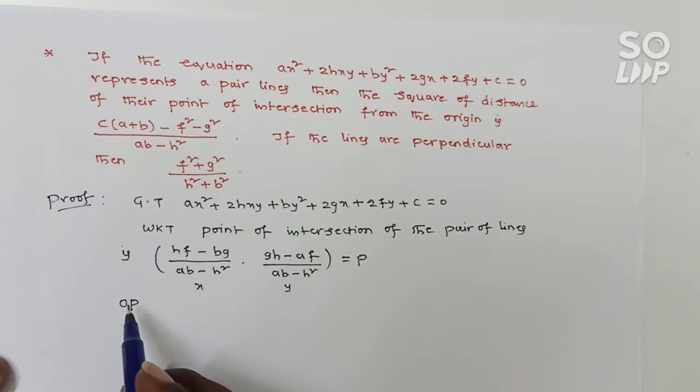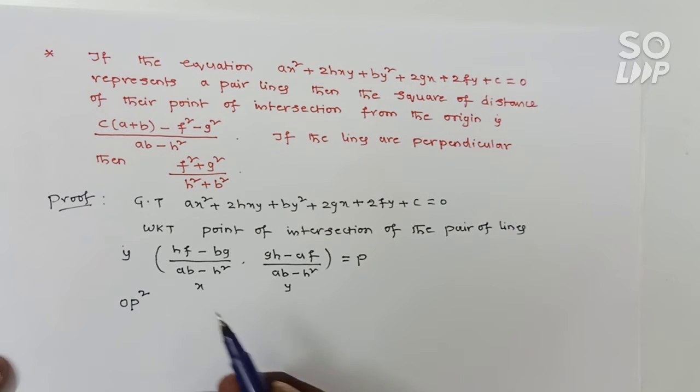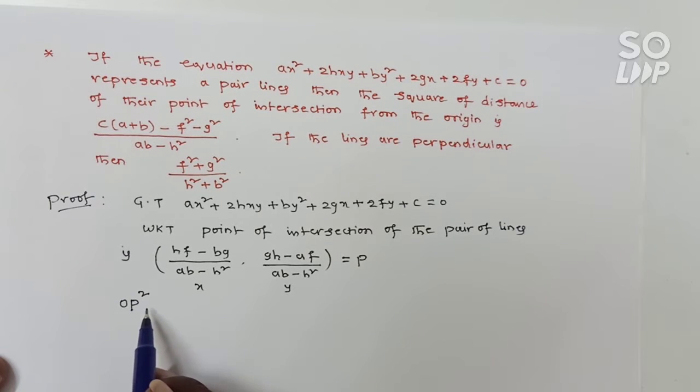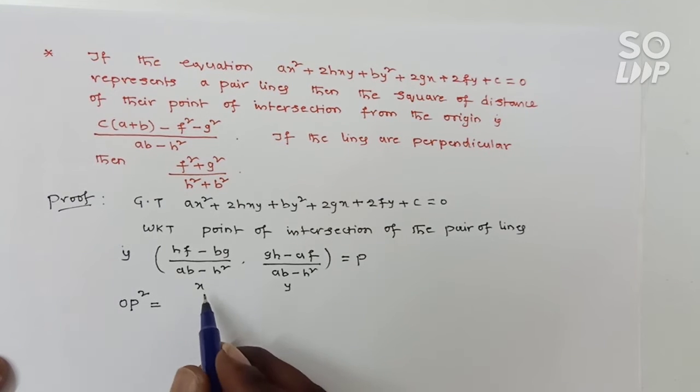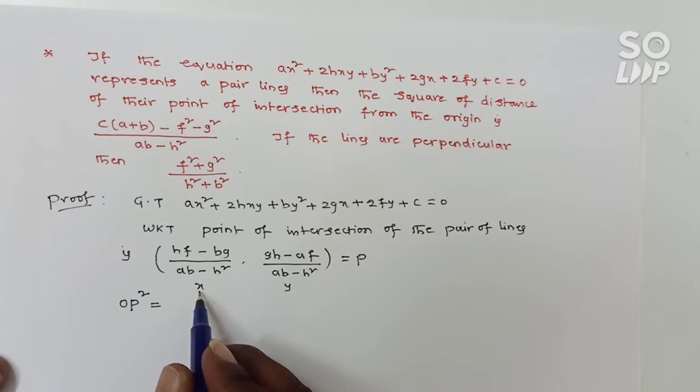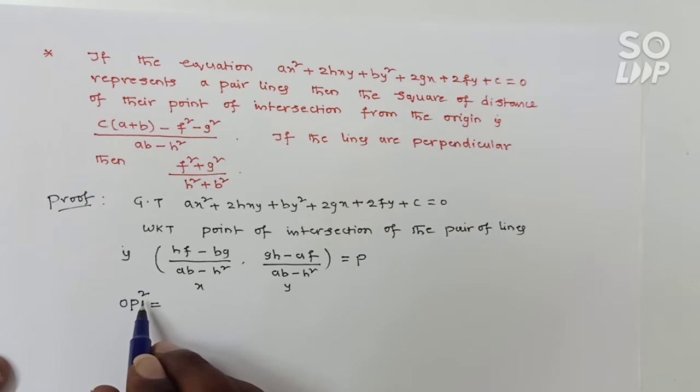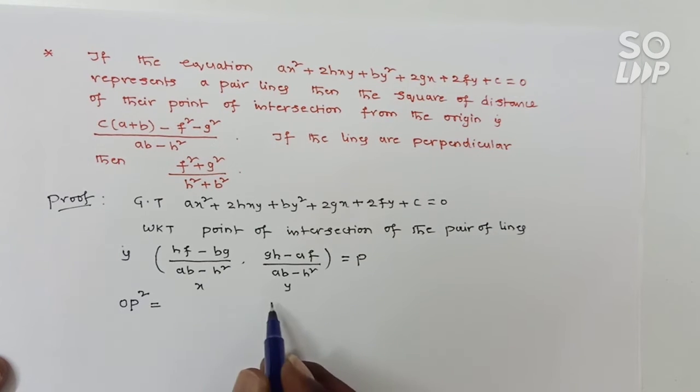In the given statement, the square of the distance from the origin to the point of intersection, OP square, will be nothing but root of x square plus y square, squared, so x square plus y square.